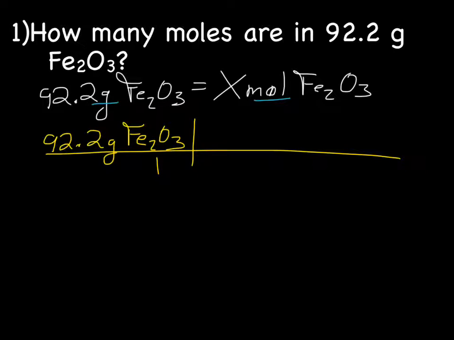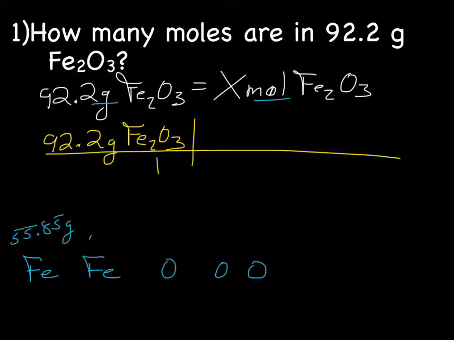So that means we need to get the molar mass of an iron, an oxygen, an oxygen, and an oxygen. So the molar mass of iron is 55.85 grams. And our oxygens are 16 grams each.